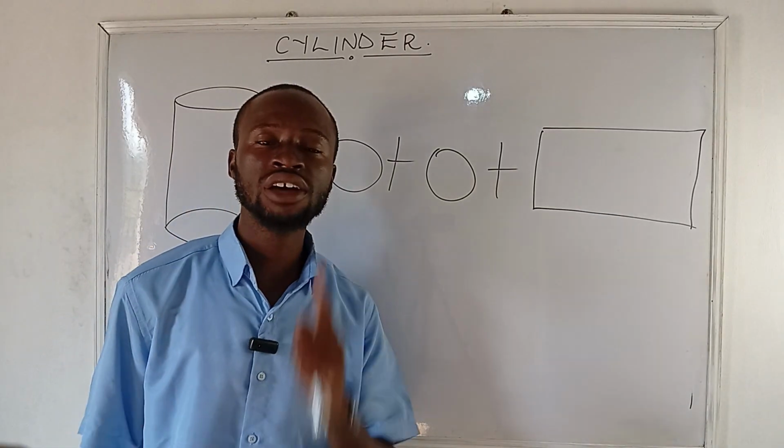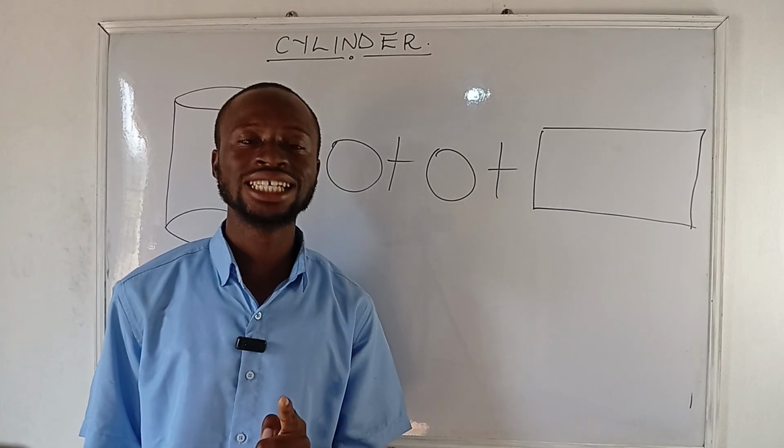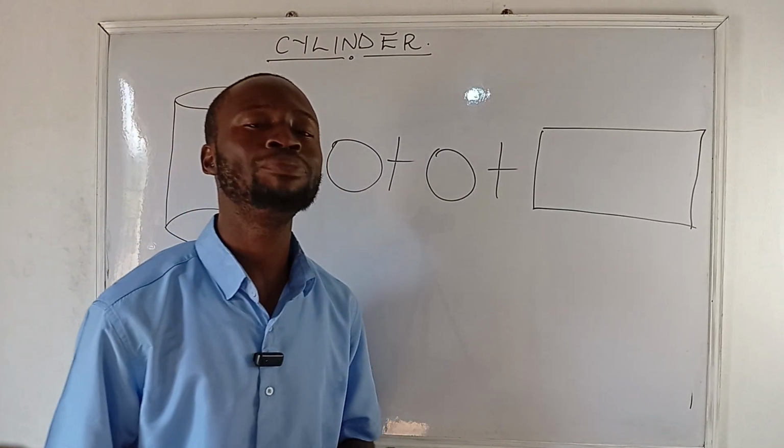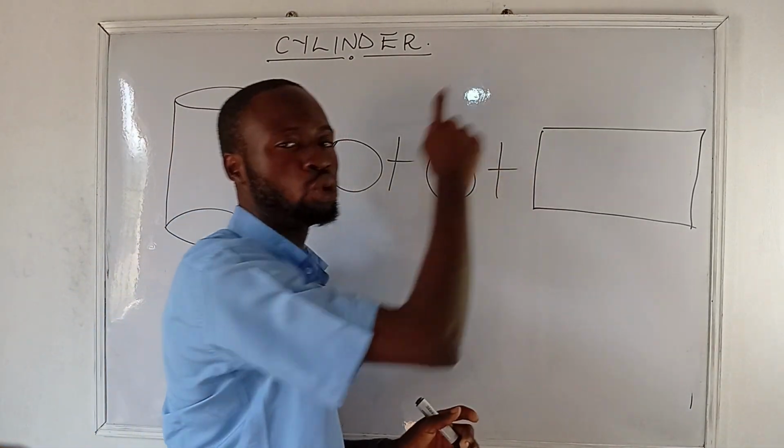Now let's explain first what we mean by the curved surface area. When we say the curved surface area, we're basically talking about the area of the rectangle.